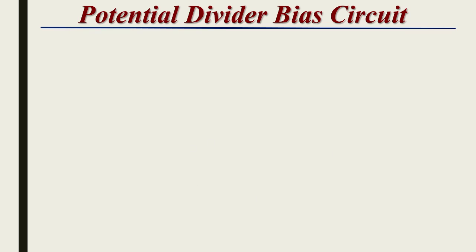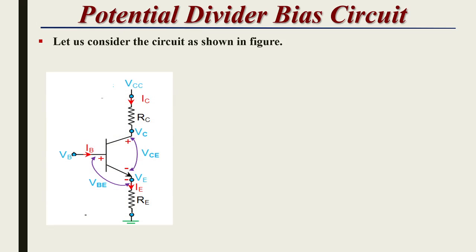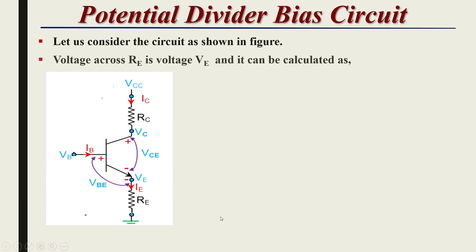Now consider the analysis of the second loop, that is the VCE loop or collector loop. Here we have just considered the output circuitry. So we have to calculate the voltage across the resistor RE, that is VE, and it can be calculated using Ohm's law as VE equal to IE into RE, where IE is the current flowing through the resistor.